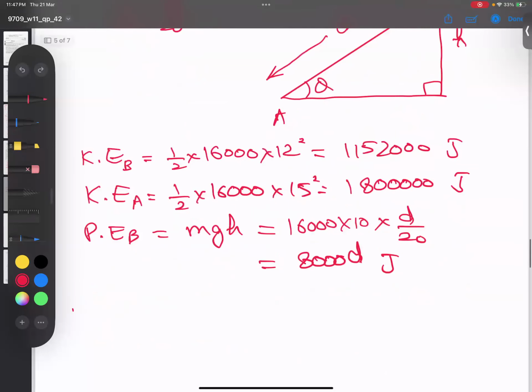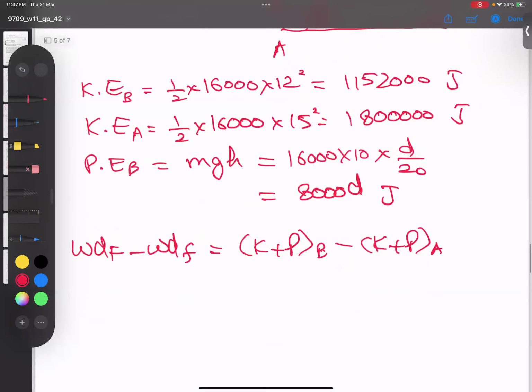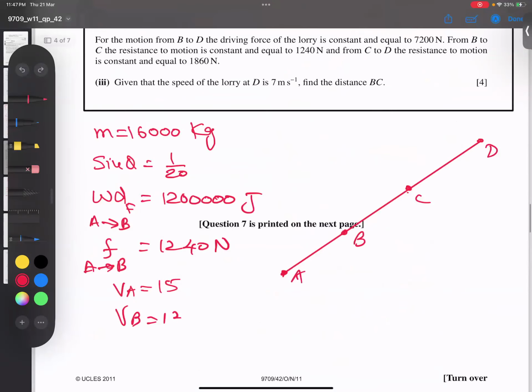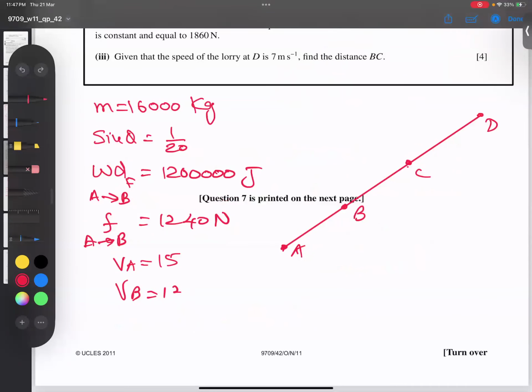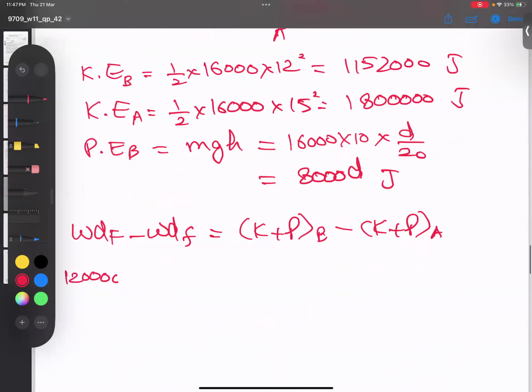I'm writing the magic formula: work done by applied force, work done by frictional force, equals kinetic energy plus potential energy at the top B point, and kinetic energy, potential energy at the bottom A point. So, students, we have already mentioned here the work done by applied force is 1, 2, and 5 zeros.